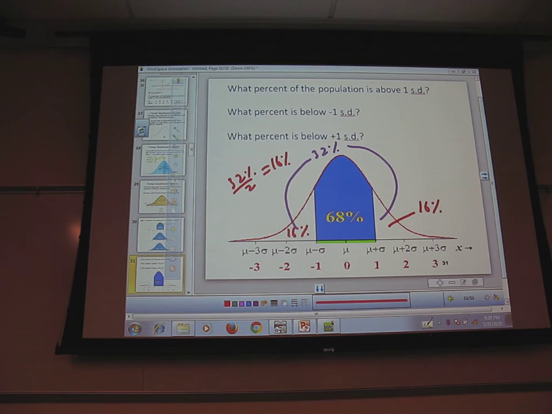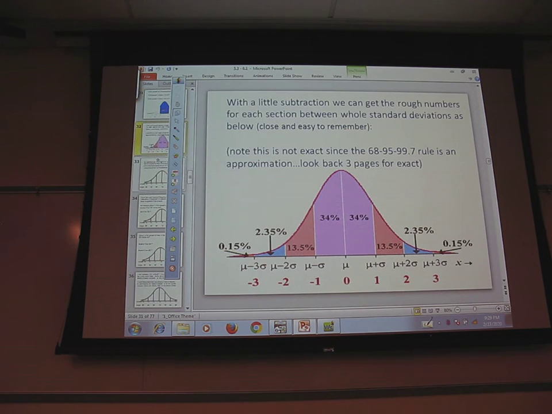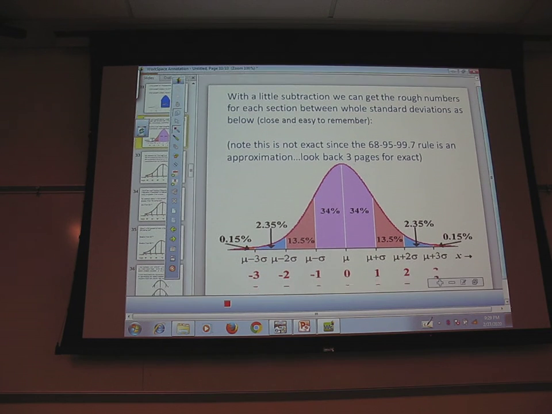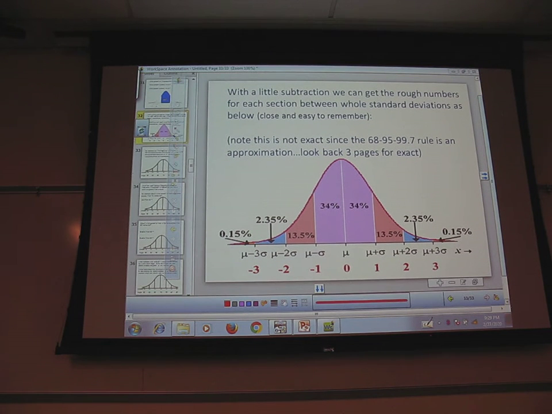Just go ahead and flip the page. A little subtraction, you can get all the pieces if you wanted to. But remember, this isn't exact because this is the empirical rule. It's an approximation.